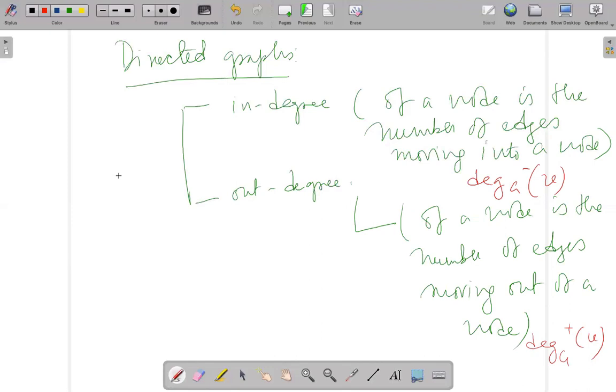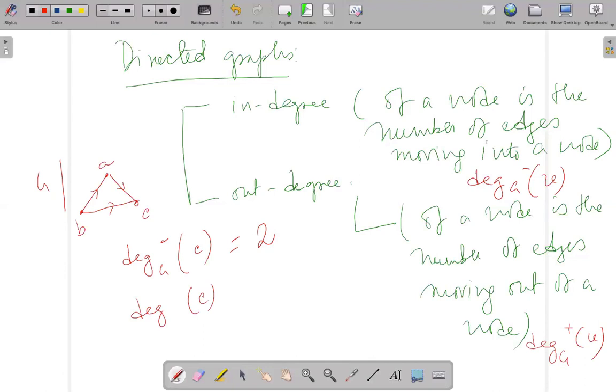Okay. So for instance, if we again take this example, and let's say this is the graph G, degree of C minus, that is the in degree, is 2, and degree of C plus, that is the out degree, is 0.